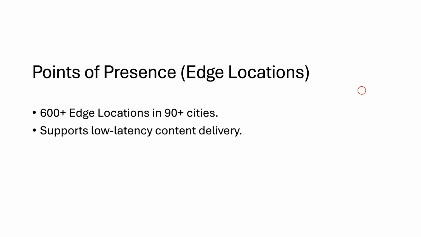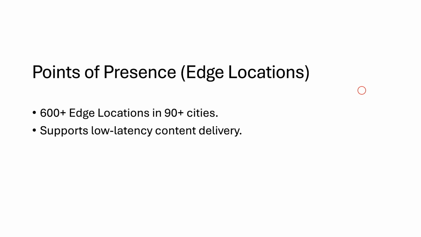So whatever content you want to deliver with low latency to a customer, edge locations will be helpful, which is completely different from the availability zones. Availability zones are helpful for high availability of your application. It majorly focuses on disasters. But edge locations are purely for content delivery.